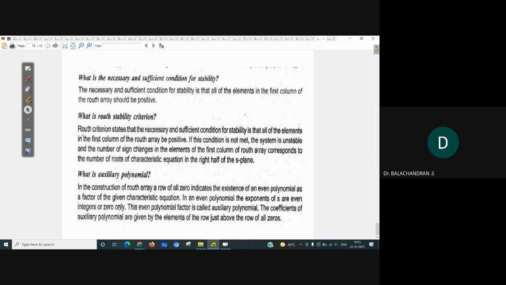In one of the problems we had S power 4 plus 6S square plus 1, something like that. This even polynomial factor is also called the auxiliary polynomial. The coefficients of the auxiliary polynomial are given by the elements of the row just above the row of all 0.